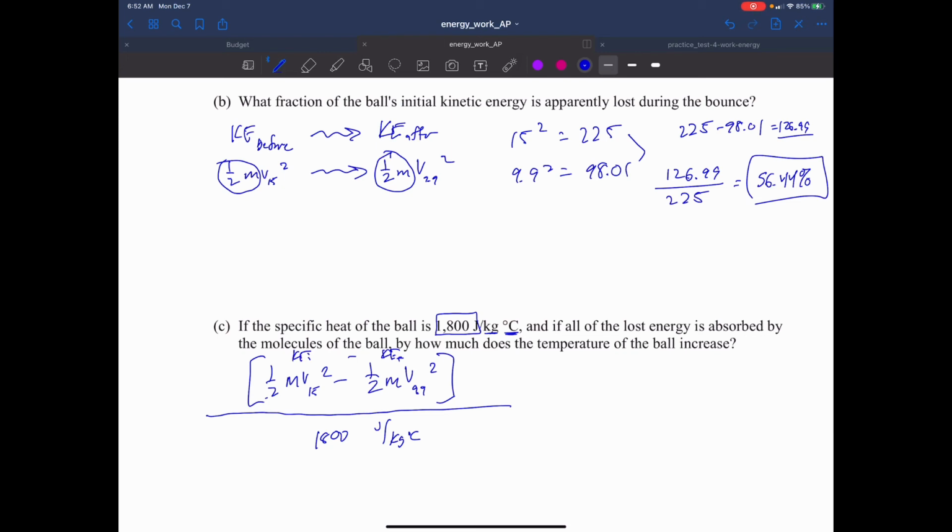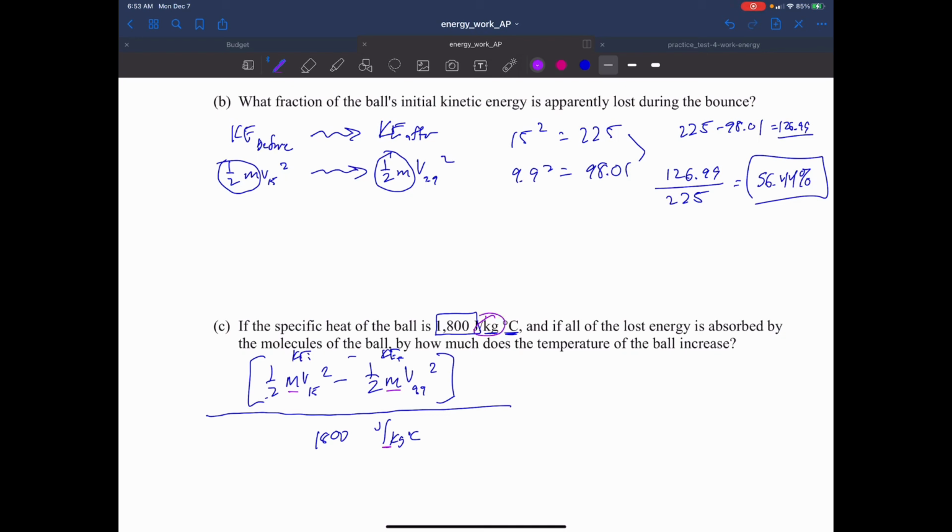Well, then you could see that if this was a 5 and this was a 5, and now we would have to have a 5 in here, those 5s would cancel. And so the mass is still actually irrelevant to this problem, because the mass is linearly proportional, because it's just m, to the kinetic energy. It is also linearly proportional to this specific heat.